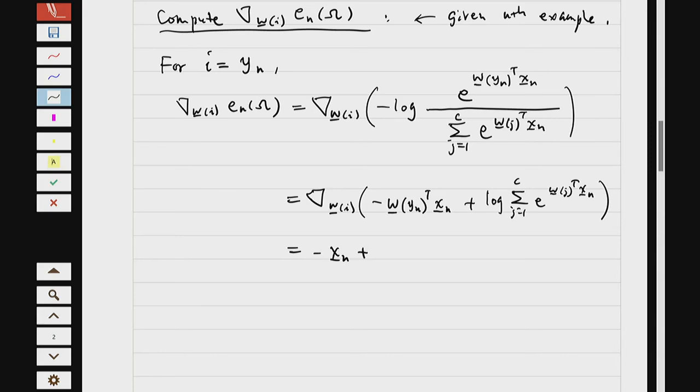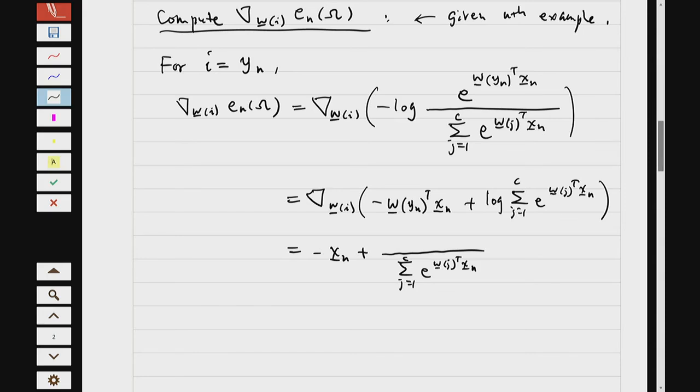And then you have the other one, which is the gradient of the log, so 1 over the sum, j equals 1 to c, e to the wj transpose xn. And then you have to take the gradient of what's inside the log.